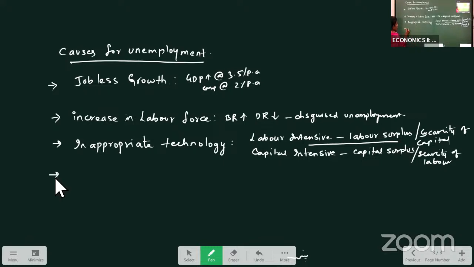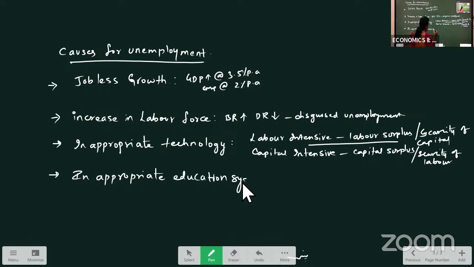Then another cause for unemployment is an inappropriate education system. In India, the education system we are following is the one drafted during the British rule.